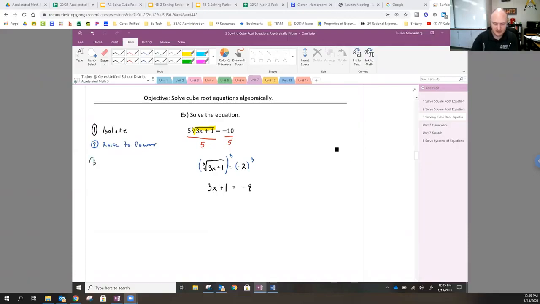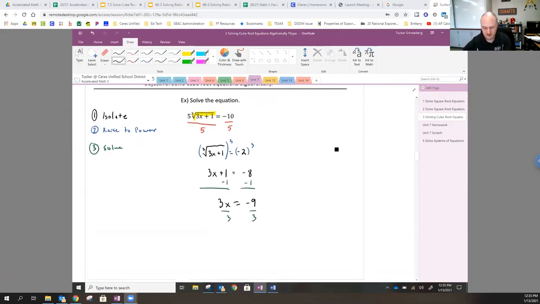Step 3, go ahead and solve. So here's where I will just use inverse operations to isolate x. Remember, undo addition and subtraction first. I'm going to go ahead and subtract 1 on each side. 3x is equal to -9. Divide by 3 on both sides. And we get x is equal to -3.